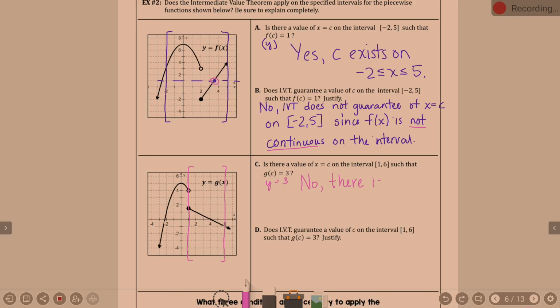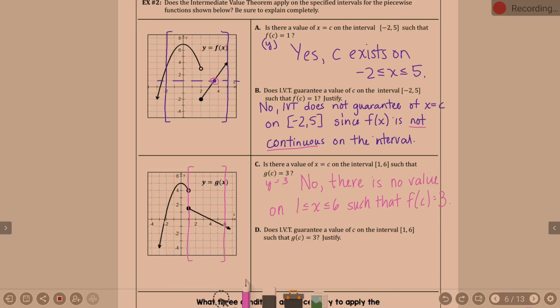There is no value on 1 less than or equal to x less than or equal to 6 such that g of c equals 3. Does IVT guarantee a value of c on the interval 1 to 6 such that g of c equals 3?